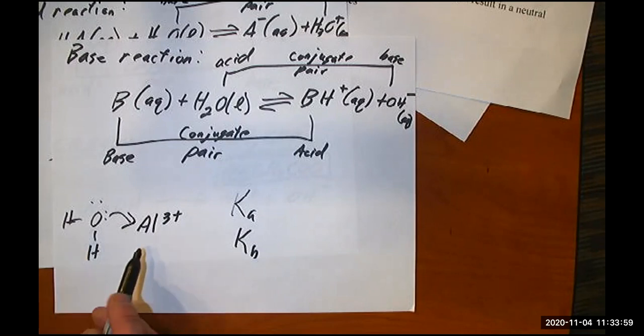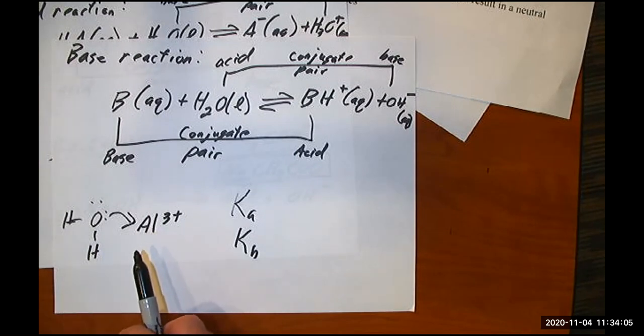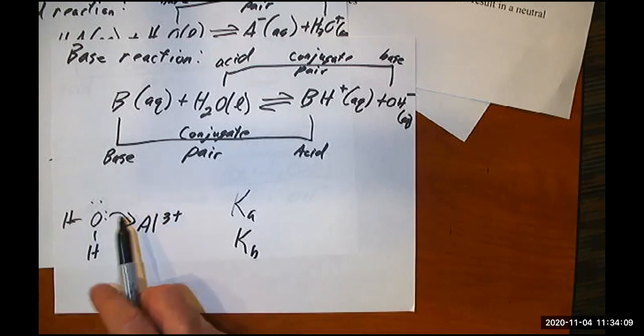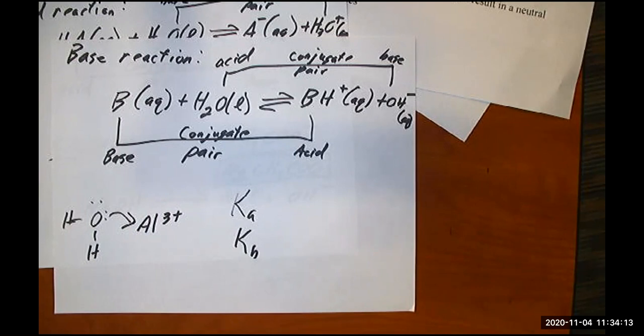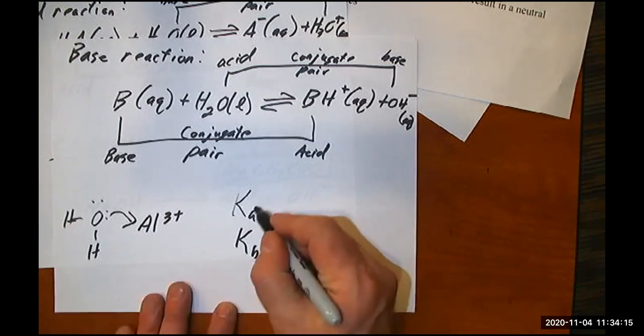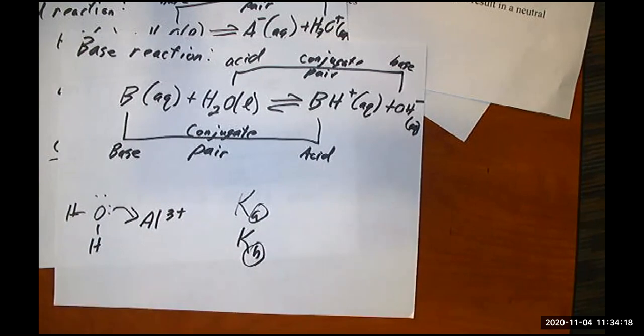You're forming a coordinate complex by doing this. This is not a Bronsted-Lowry acid-base reaction, but I have never seen anything like this described with a Ka or Kb. There will be an equilibrium constant associated with it, but the special designations of the A and the B here, in my experience, have been completely limited to Bronsted-Lowry.